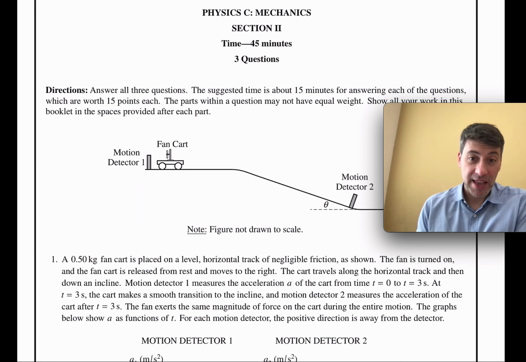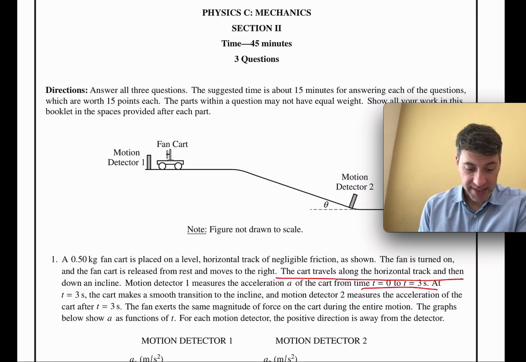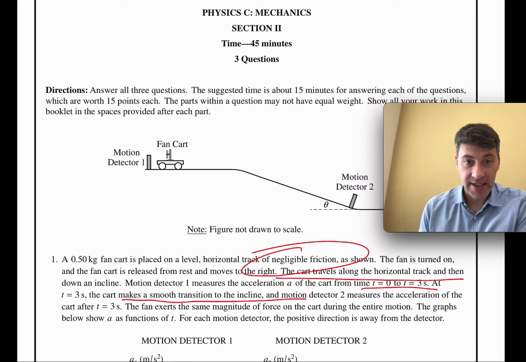In the first 3 seconds, the cart is moving on the horizontal track, and later it makes a transition to the incline, and we can measure the acceleration again, and we need to figure out if there is any friction, which we can see is a track of negligible friction.